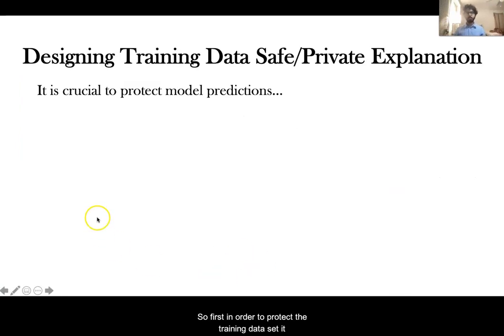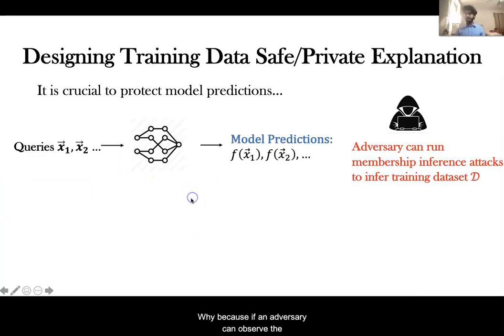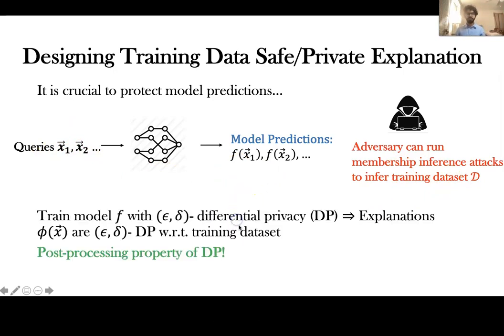So first, in order to protect the training dataset, it is crucial to protect the model predictions. Why? Because if an adversary can observe the model predictions, and if they are not protected and leak information about the training set, then the adversary can run a classic membership inference attack on the training dataset by querying just model predictions, and they wouldn't even need explanation queries.